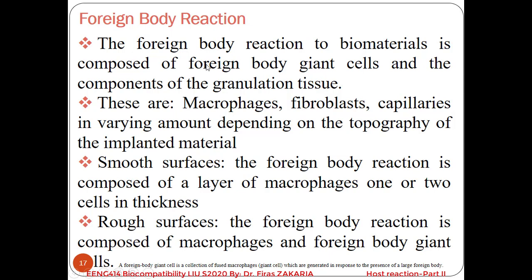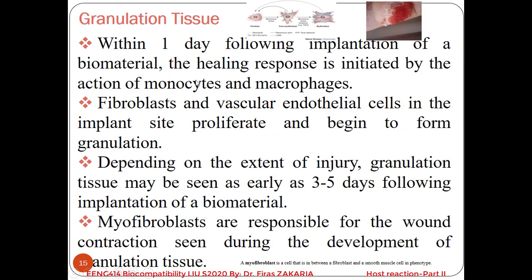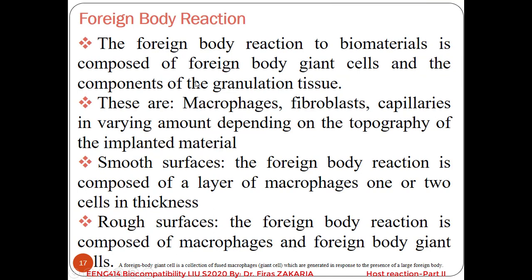So the foreign body reaction is composed of foreign body giant cells and the components of the granulation tissue seen before, which are the macrophages, fibroblasts, and capillaries in varying amount depending on the topography of the implanted material.